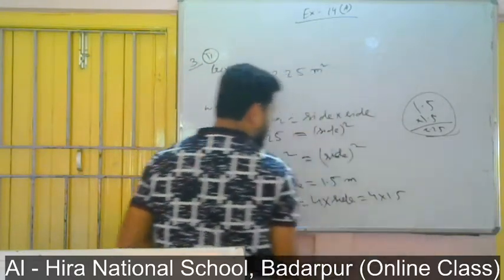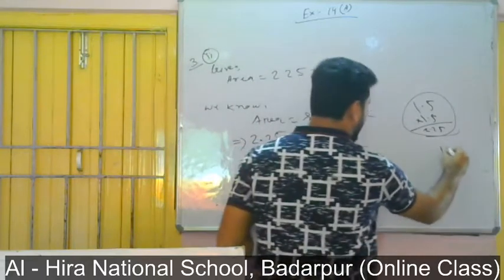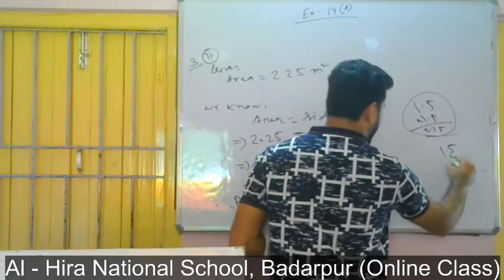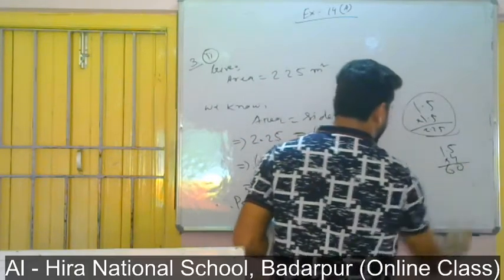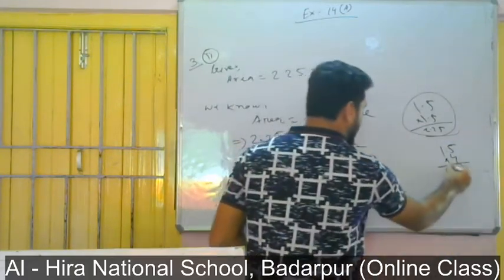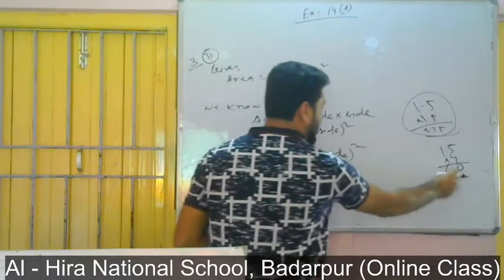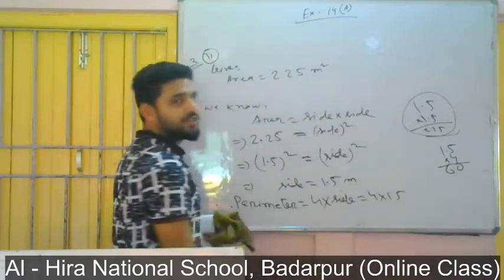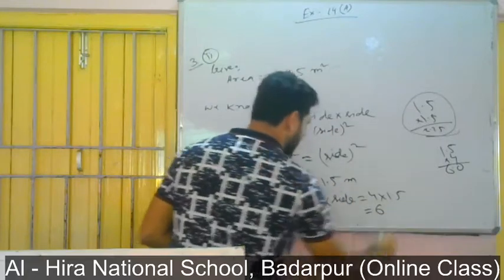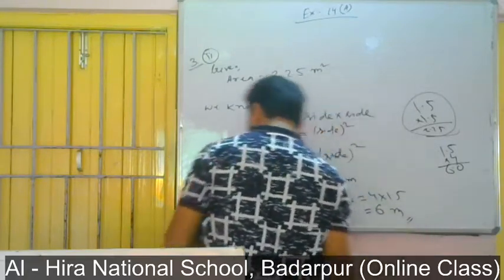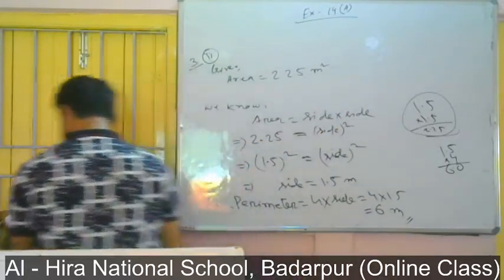Four into 1.5, that means 1.5 times 4, then we'll get what? 60. But here 1 point is there, so if I put the point, then 6.0, and 6.0 means 6. So I can write directly 6 meter. That will be the answer.